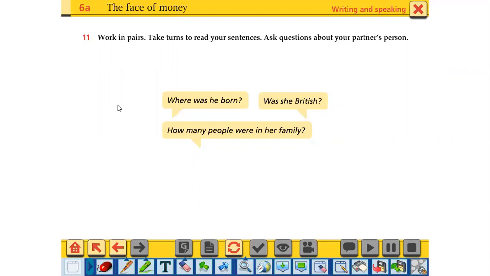You have to do it the same way, or pueden cambiar. Where was he studying? Was he Peruvian? Was he Spanish? Was he Brazilian? I don't know. How many people were in his family? And this kind of question.